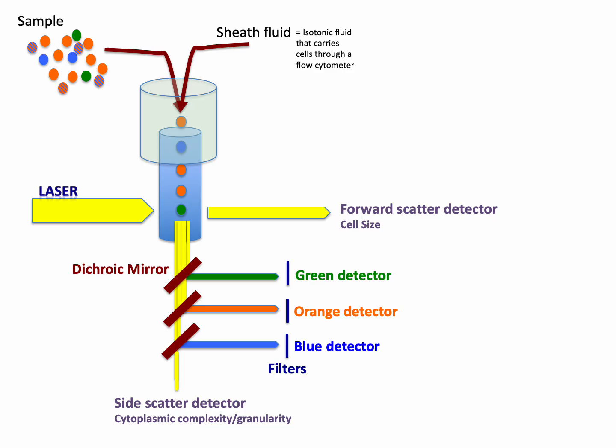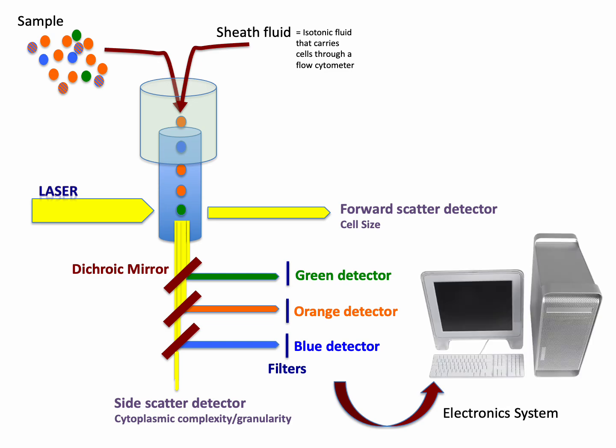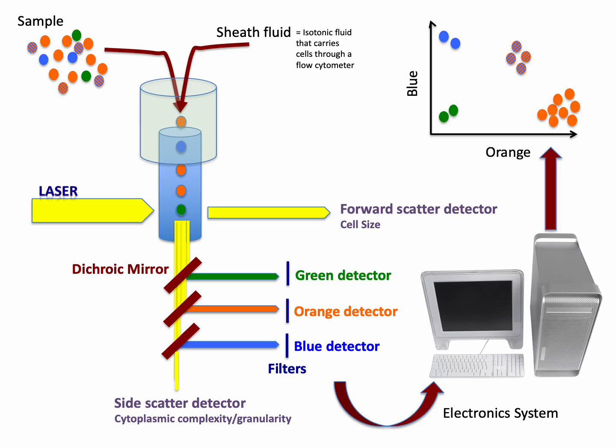Similarly, the light which is deflected comes to the side scatter detector and is detected. We have light from various detectors for the different colors of the antibodies that are staining different antigens on the cells, which is collected on various detectors. And all of this information goes from the detector to an electronic system, which converts the data that's been collected into something that can be read on a 2-dimensional dot plot, such as this one.